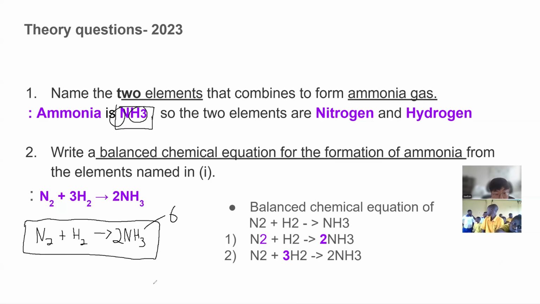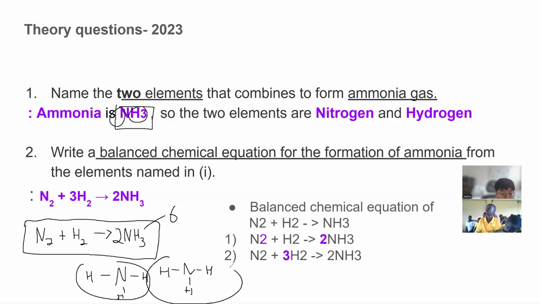Think of it like this: if we have two NH3, it essentially means there are two NH3s. So there are one, two, three, four, five, six hydrogens in total.